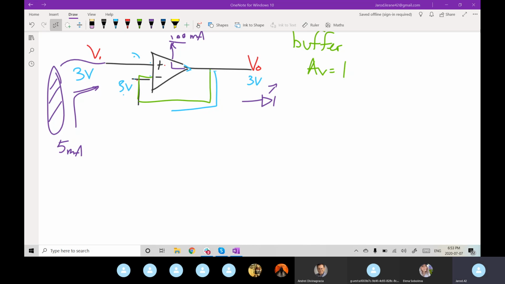Any other questions on the buffer? What are your typical applications for the buffer? Primarily exactly what we went through here.